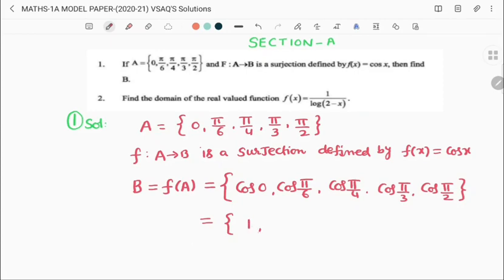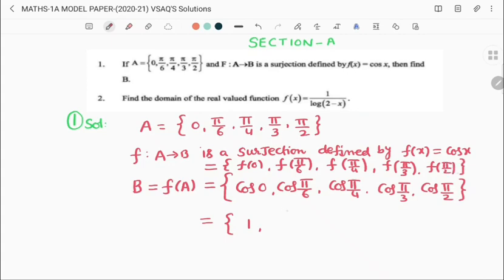If you want this value directly, you can understand it like this also: first A, f of A, so in place of A, f of 0, f of pi by 6, f of pi by 4, f of pi by 3, f of pi by 2. Even like this you can write it.